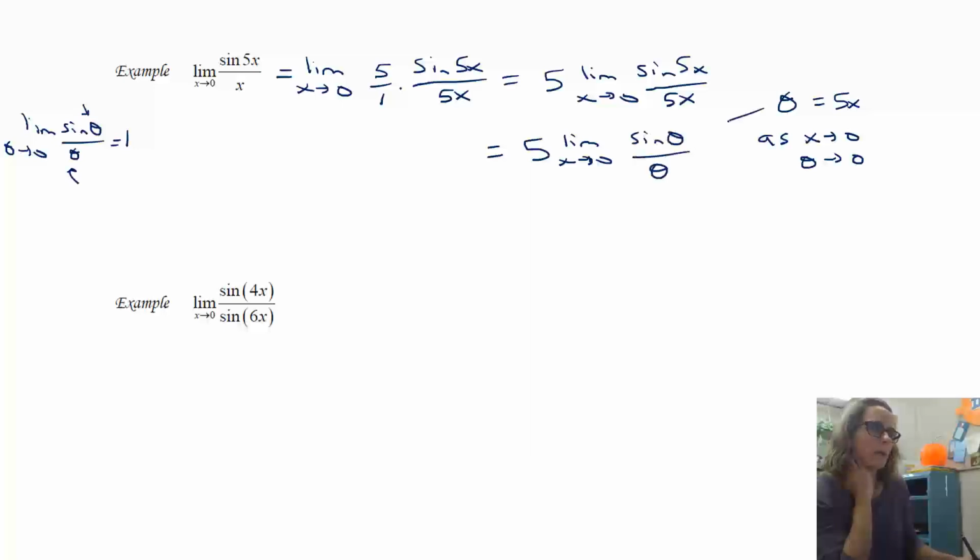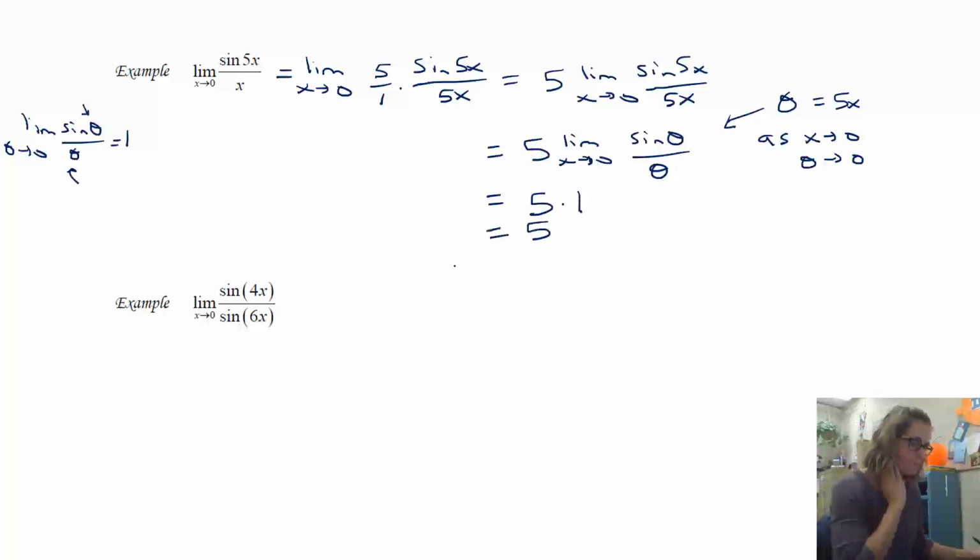So that's because I did this. And again, as x goes to 0, theta goes to 0. So that tells us that we can look at it this way, and the answer to that we already know is 1. So that tells us that our limit here is, in fact, 5.